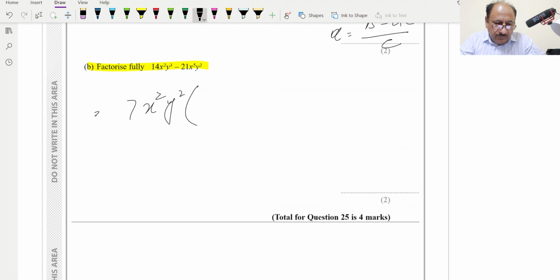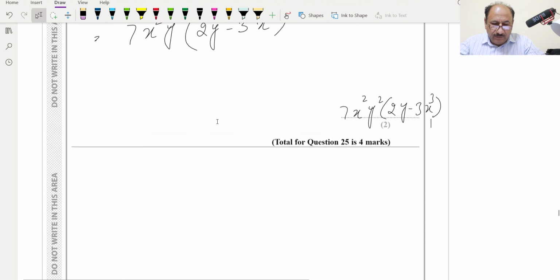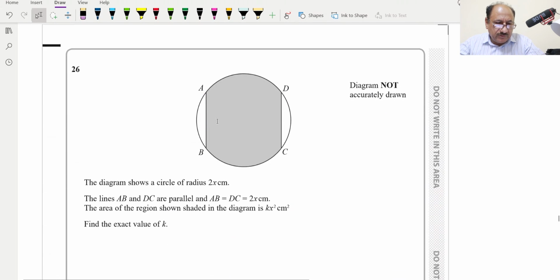Inside will be 2y, and minus 21 divided by 7 will be 3, and x cubed. This will be the final answer. Only one step question and 2 marks. Hopefully you will be able to do this. Basically you need to practice a lot of algebra, because there are a lot of algebra questions.